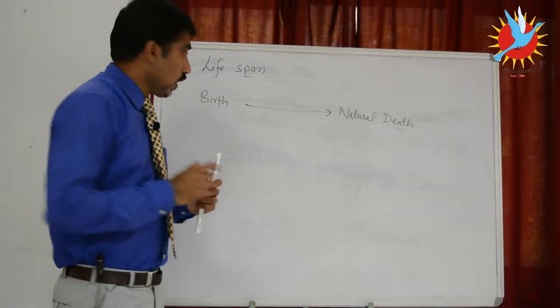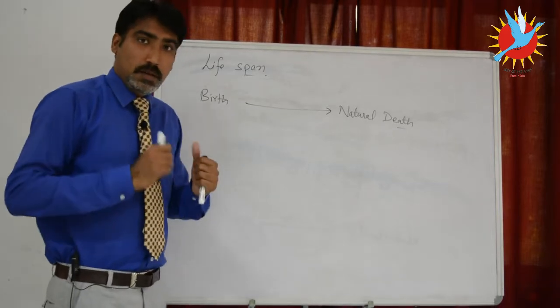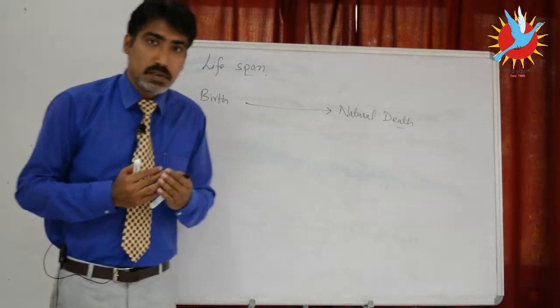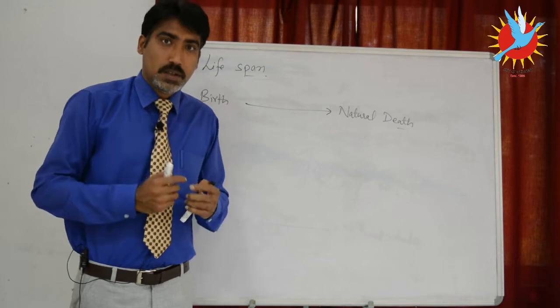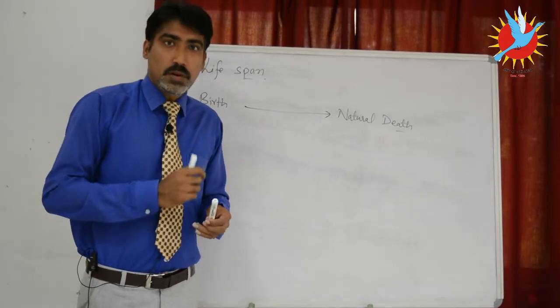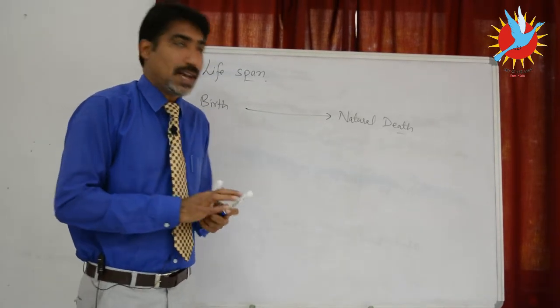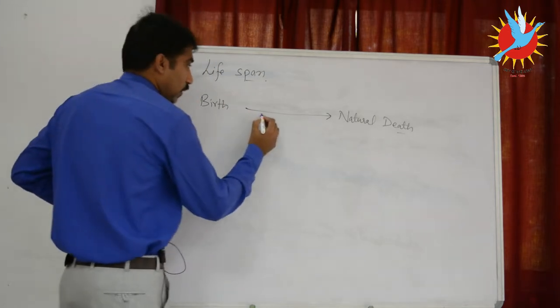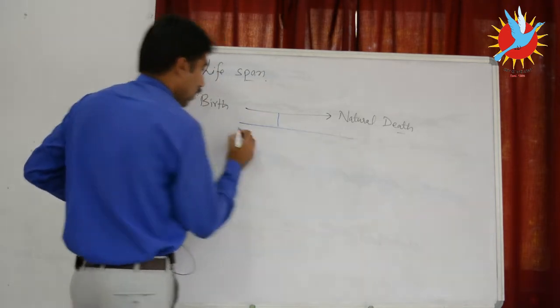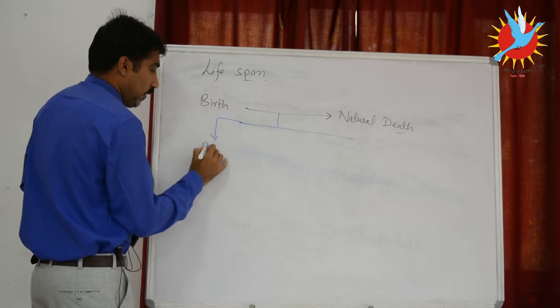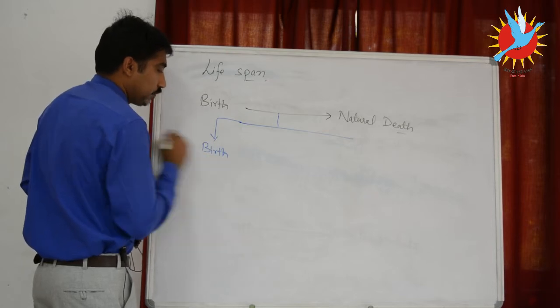But do you know, the lifespan of any individual gets completed in different phases. So now we are going to discuss the different phases of a lifespan. The first phase of the lifespan is of course the birth.